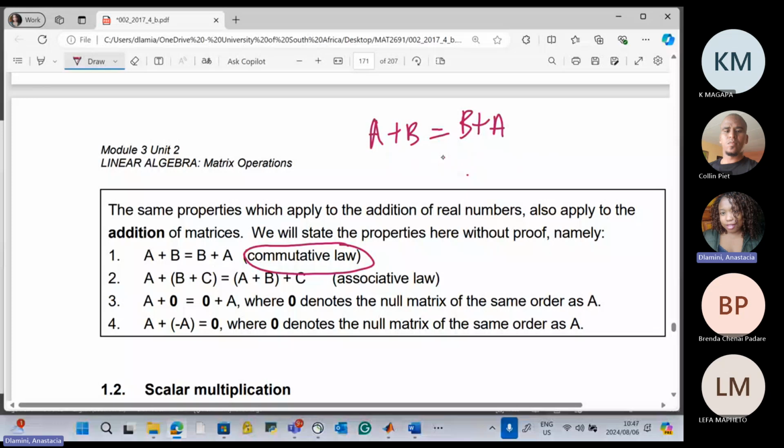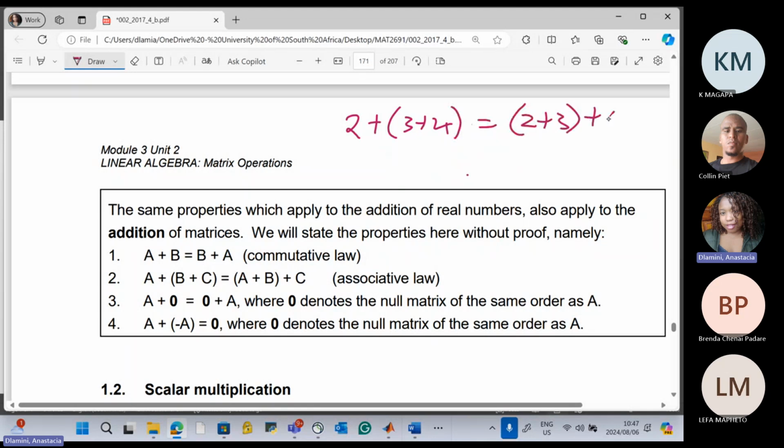So let's go to the next property. The next property is called the associative law. We know that 2 plus 3 plus 4 is the same however you group it, so if you have matrices A plus B plus C, it is the same as A plus B plus C, grouped either way. That's called the associative law.